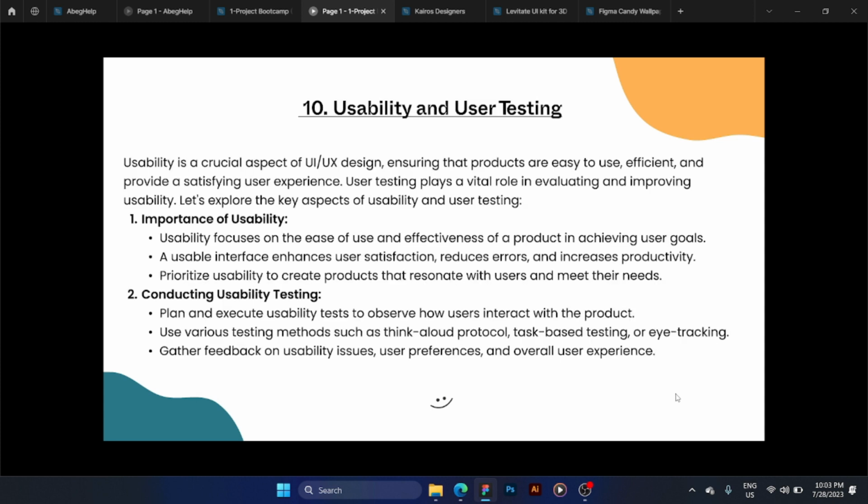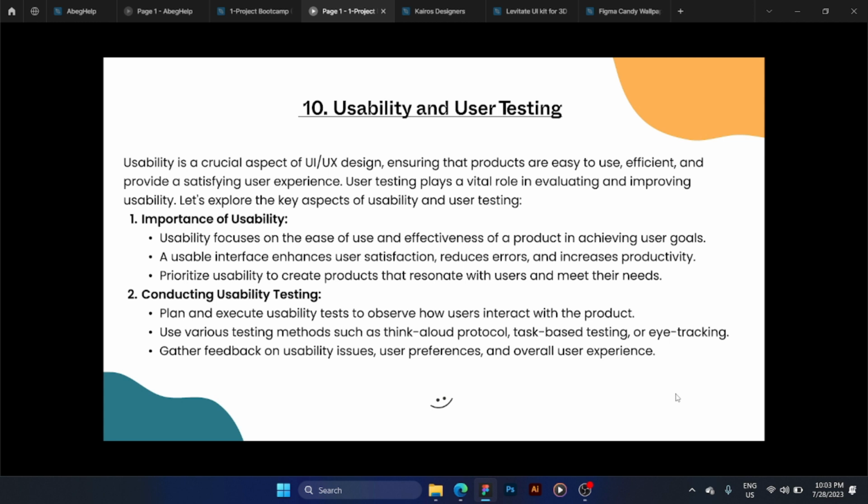So quickly, usability and user testing. So usability now. Usability is a crucial aspect of UI UX design, ensuring that products are easy to use, efficient, and provide a satisfying user experience. Let me take that again.